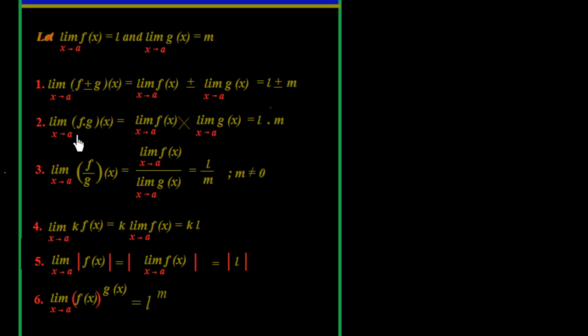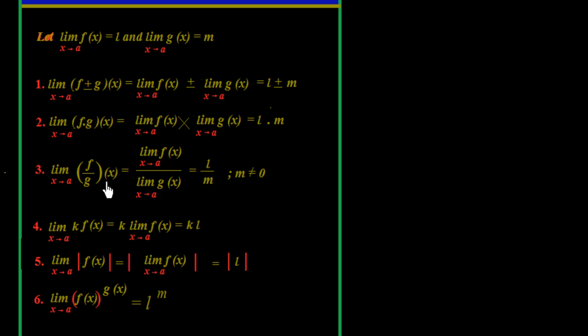And the second, limit x tends to a for f into g of x is equal to limit x tends to a for f of x into limit x tends to a for g of x. Here, the limit of the product of two functions is equal to the product of their limits. So this we have to verify here.